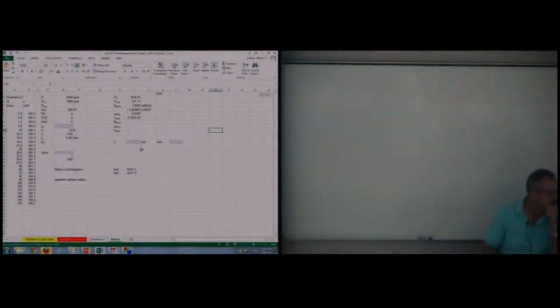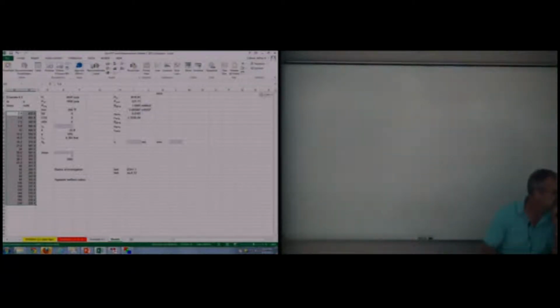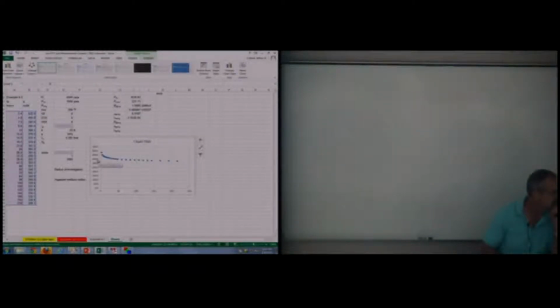Okay. So here's a problem. We're going to calculate permanent skin, just like the last one. But our data looks a little different. Log of time, let's make it a semi-log plot.